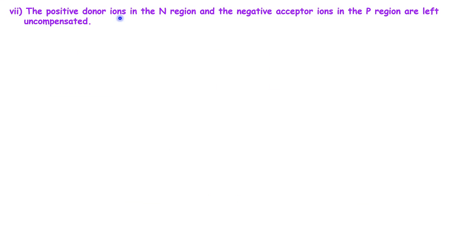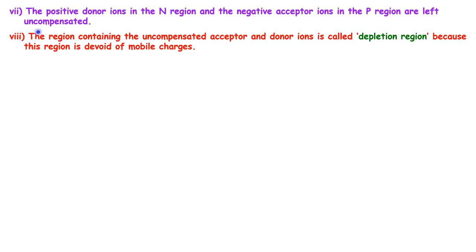The positive donor ions in the N region and negative acceptor ions in the P region are left uncompensated. So the region containing the uncompensated acceptor and donor ions is called the depletion layer or depletion region, because this region is devoid of mobile charges.